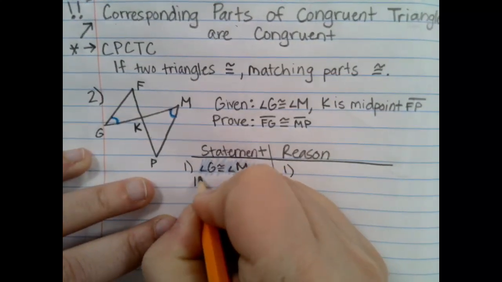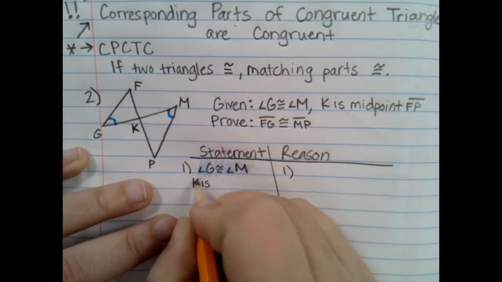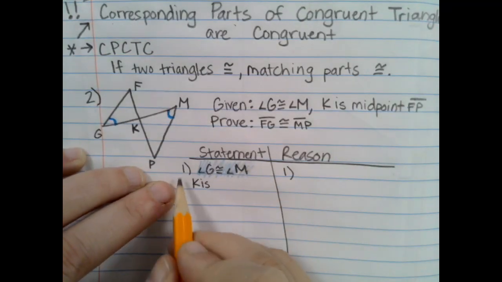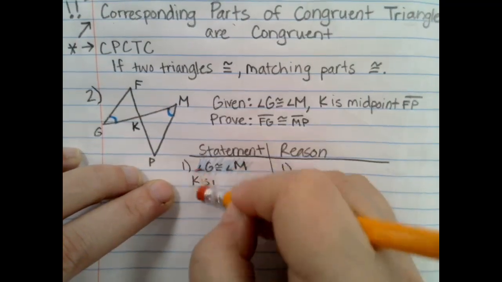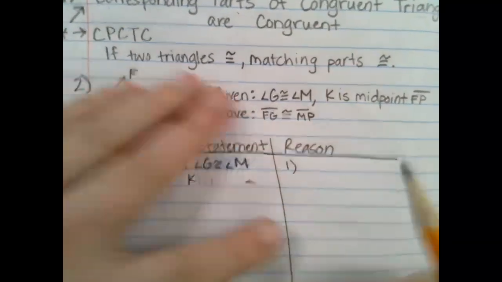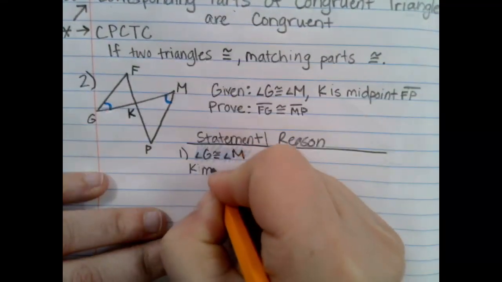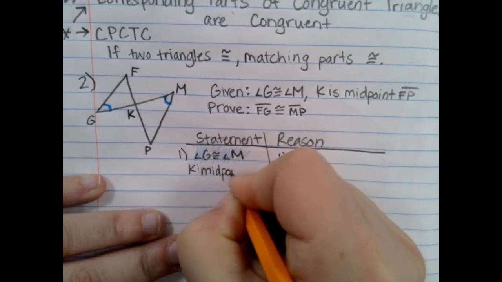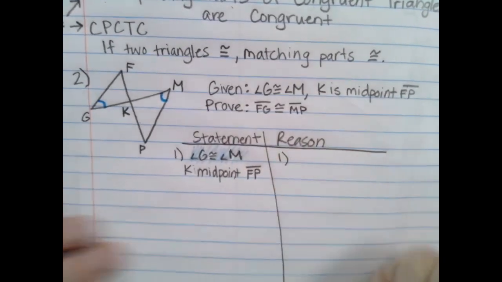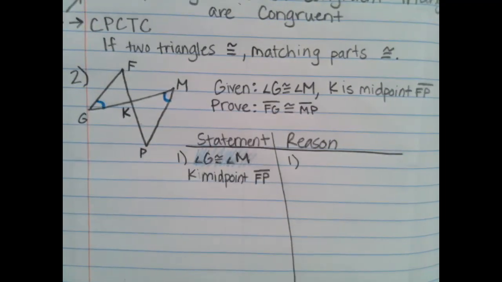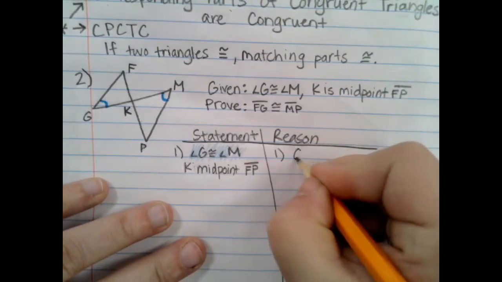So like I said in your practice today, they're going to label this as 2 different steps. I'm going to just write K midpoint, not K is midpoint, because that's going to take up too much room. K is midpoint of FP. But in my brain, why do 2 different steps if it's the same reason? Okay, what's our reason for both of those? Given.